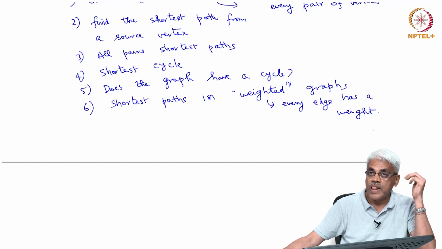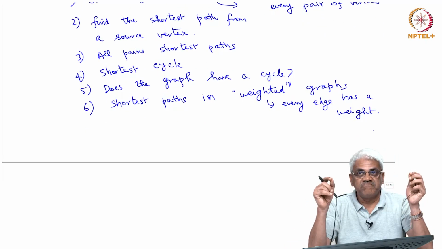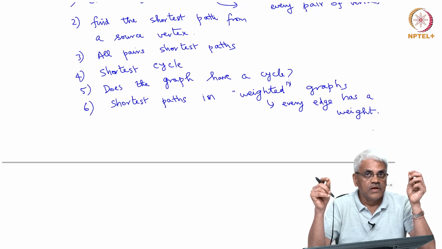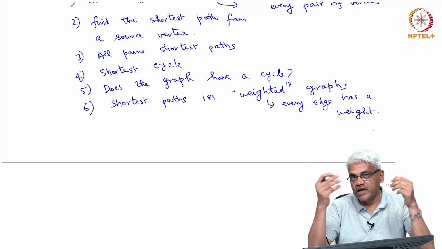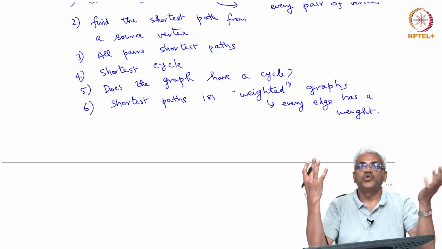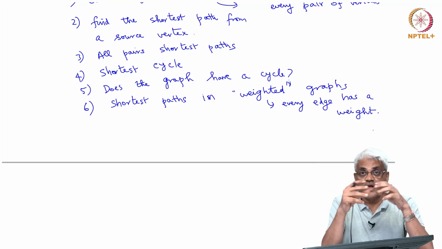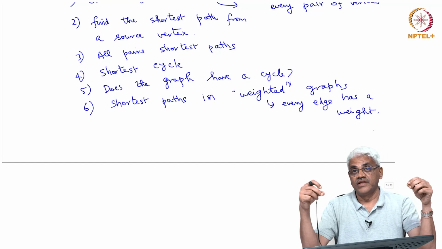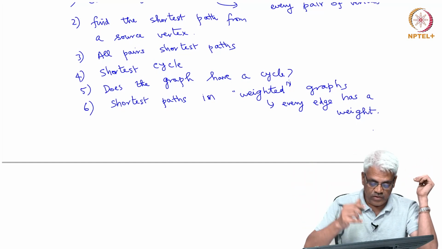So a shortest path in a weighted graph may have 3 edges, whereas in an unweighted graph it may have 2 edges, but these 2 edges together may have a larger weight than the 3 edges. So they do differ between a weighted graph and an unweighted graph.